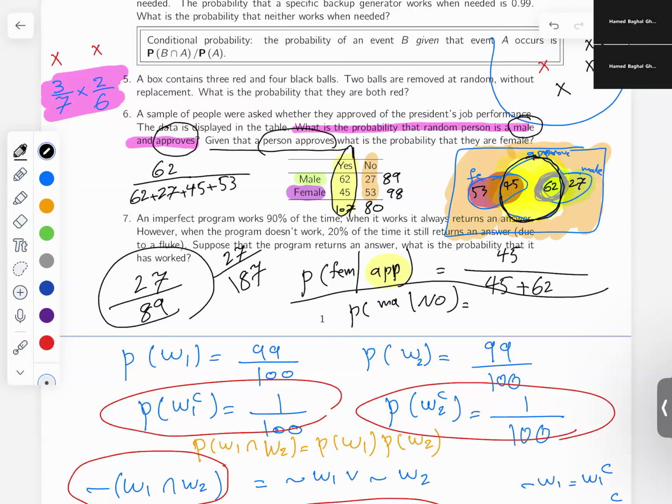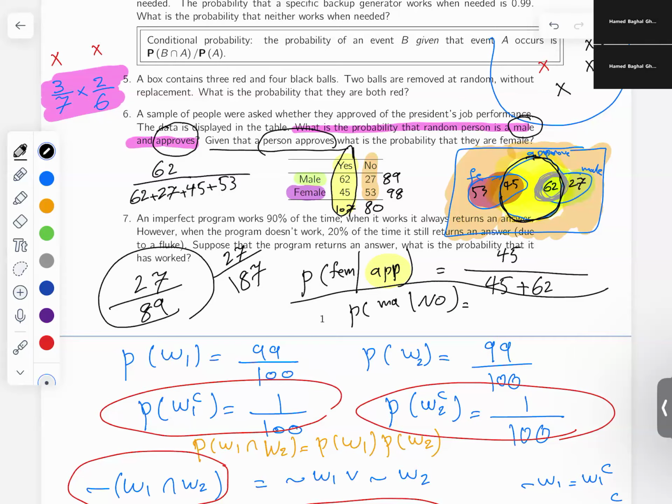No, it's not male and no. It's male given no. The probability cannot be more than 1. Thus.